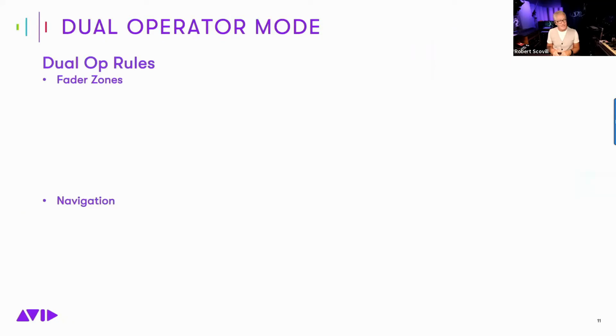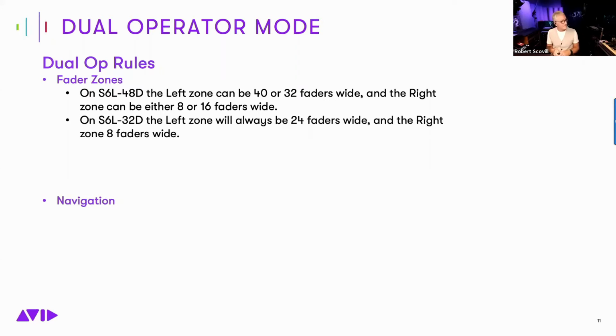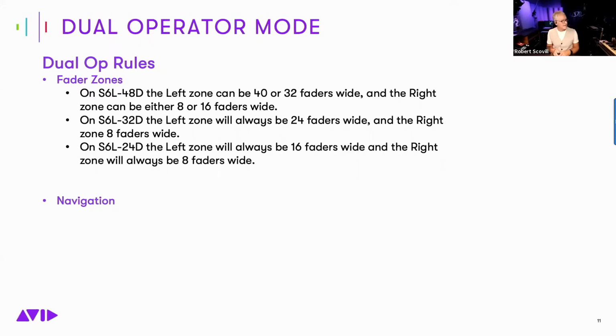All right, so let's talk about some of the basic rules of dual operator. For fader zones, as you just saw, only on the 48D, the left zone can be either 40 or 32 faders wide, meaning from processing channel 1 all the way across to the end of the MLM. For the 32D, the right side user will always only be 8 faders, and the same for the 24D.